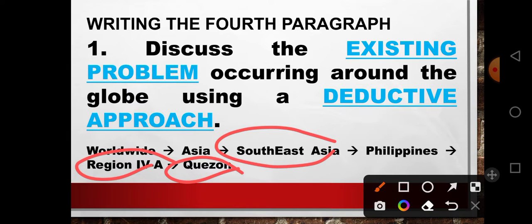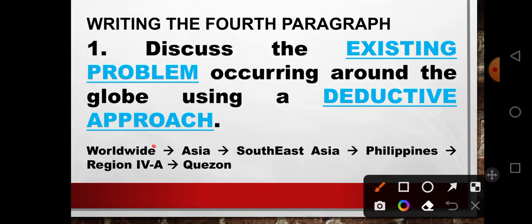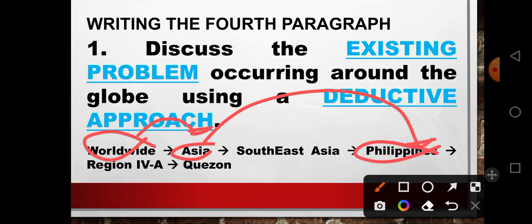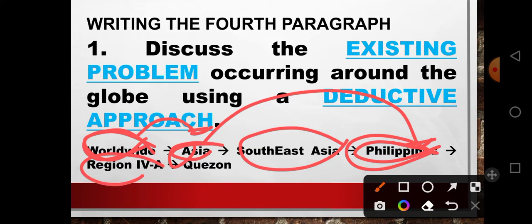If you cannot find such RRLs regarding the existing problems in such specific areas, you can exclude them. You can just go from worldwide to Asia and then to the Philippines. This is the most important hierarchy: from worldwide to Asia to the Philippines. But if you can find RRLs regarding existing problems in Southeast Asia, Region 4A, and Quezon, the better.